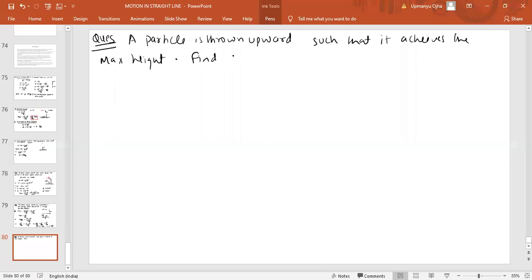Find h means find height h when speed is half of the maximum speed.